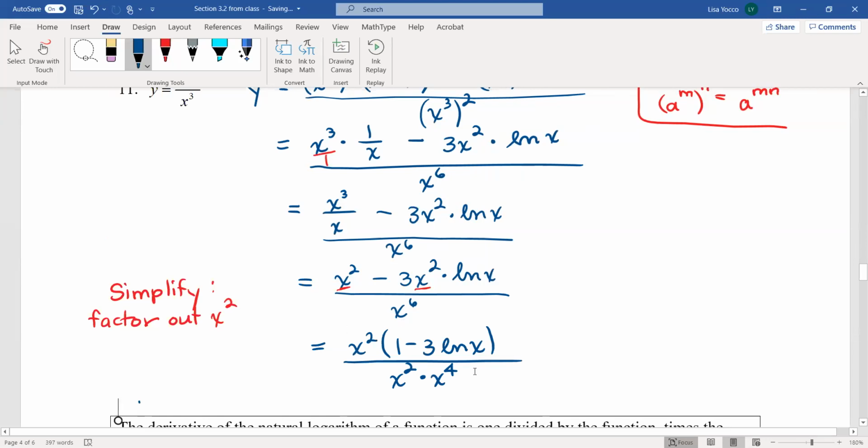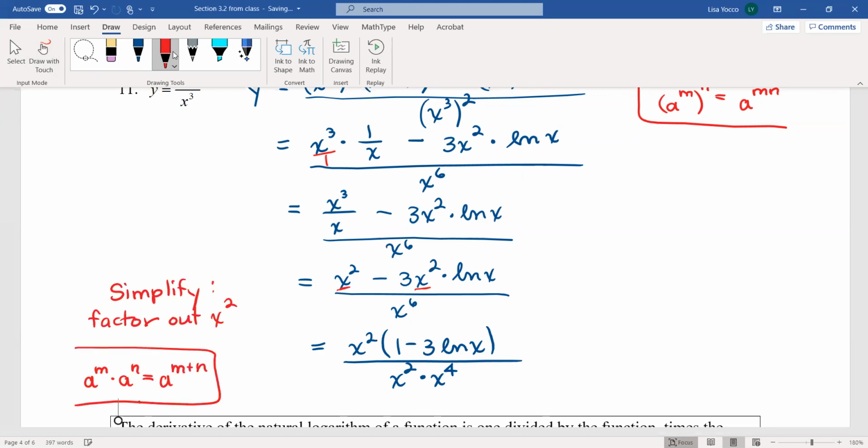So now you've got to think about another rule of exponents in reverse, basically, that a to the m times a to the n is a to the m plus n. So I wanted to break x to the 6 down as x squared times x to the 4th, so that now I can divide out the x squared, okay?